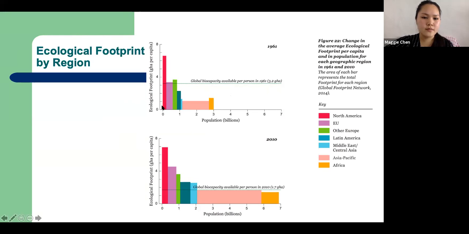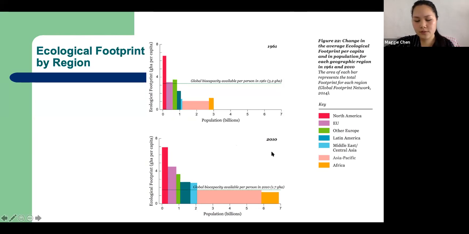If we're looking specifically at North America, we can see that there's definitely a lot less, like less than 500 million people, but the resource consumption, your ecological footprint per person in North America, is a lot higher. It's almost at 7 global hectares, but maybe we can say that it's a little bit more than 6.5. Overall, there are a lot fewer people, but their footprint is a lot higher.